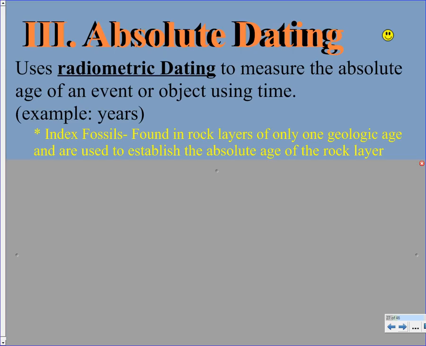Because you only can point one place at a time, that's your index fossil that's going to tell you the time. An index fossil will not be located in any other layers. You will just find it in one layer. You understand how I'm giving you the clues here? Okay.